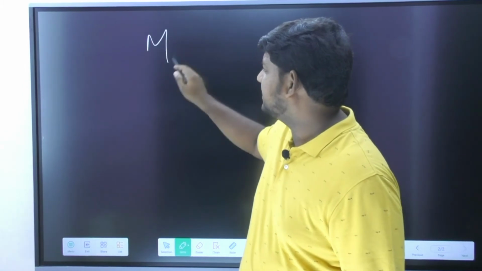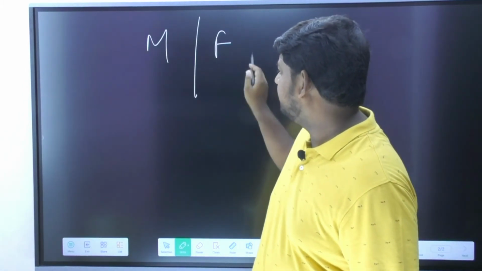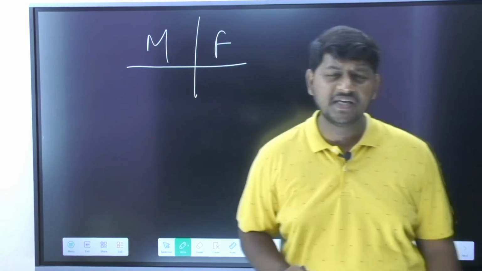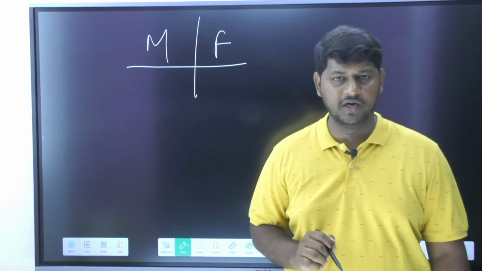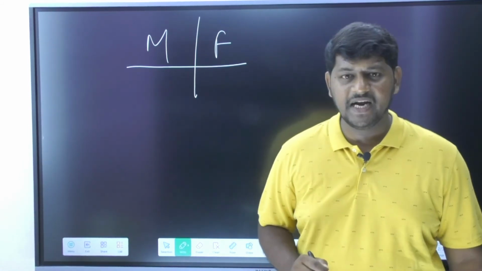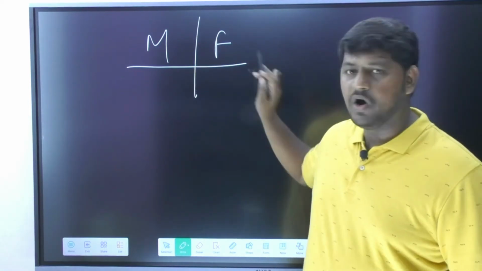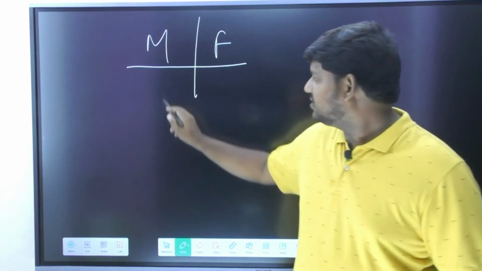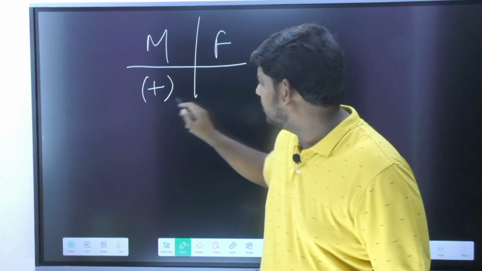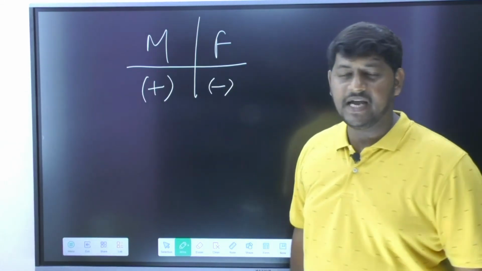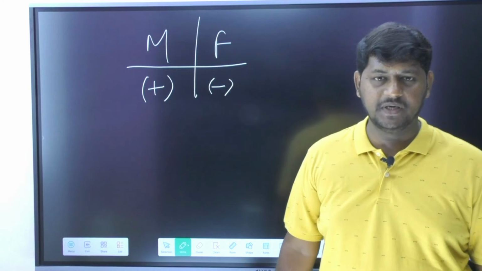Gender information, there are only 2 genders, that is male and as well as female. Now the representation is also very important over here. How do you represent male and female? By writing M or F? No. We always use the mathematical symbols in order to represent the gender of that particular person.